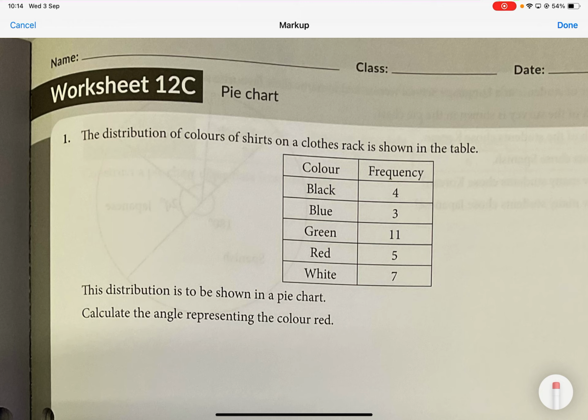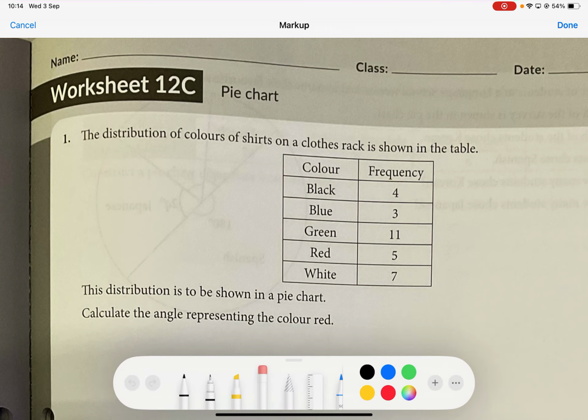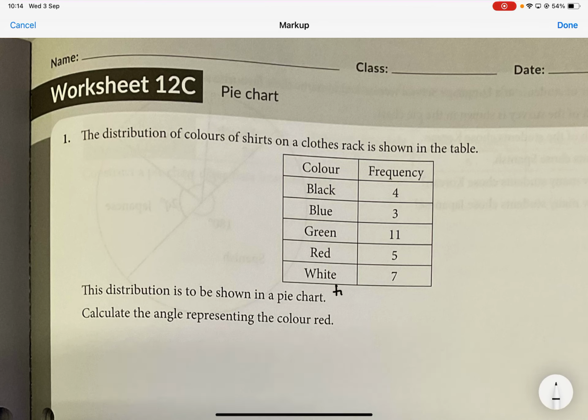But definitely, when we add up all these frequencies, it will add up to the total distribution. So 4 plus 3, 7, 7 plus 11, 18, 23, 30.